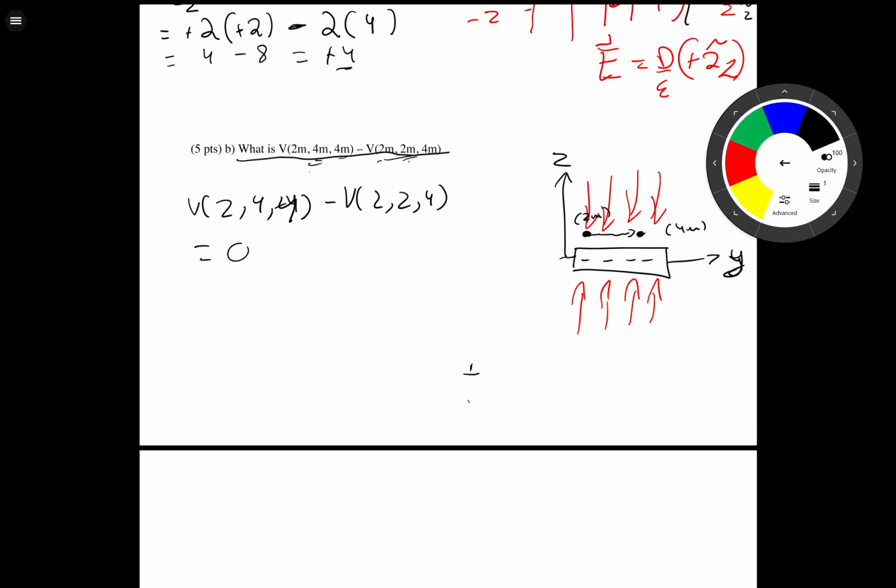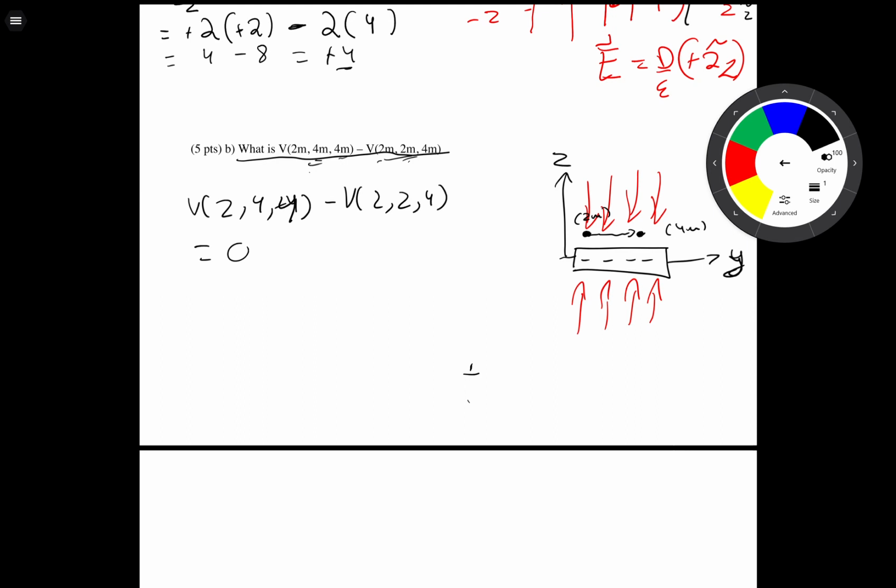The electric field is in the z direction only, and moving in the y direction would not do anything, because the charge is going to experience the same amount of force and the same electric field intensity.